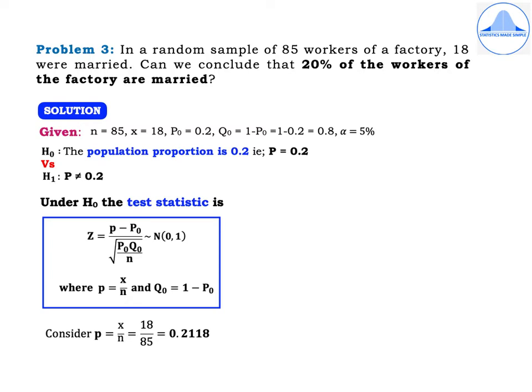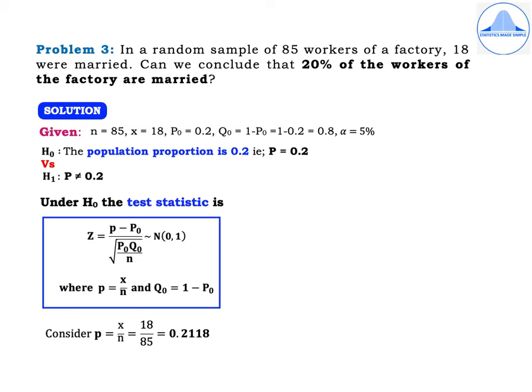So in this problem, you have only one factory and words like mean, average, standard deviation or variance are not present. So it would be test for single proportion. So whenever it is test for single proportion, we need to get three values.